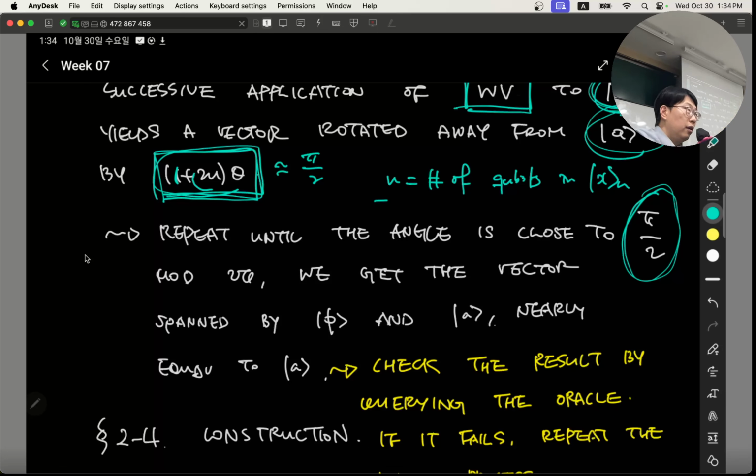possible numbers. So it's doable, but once you've done that, what happens is the angle almost equals pi over 2 after the successive operations. So after the 1,000 operations, you measure phi, the cat vector, that changed after the 1,000 operations.